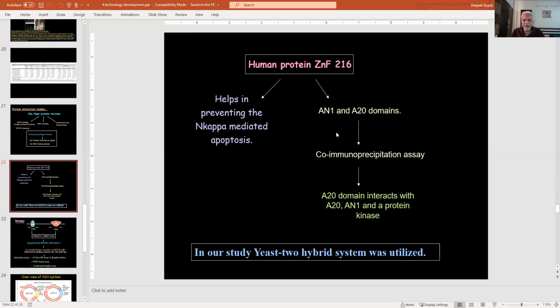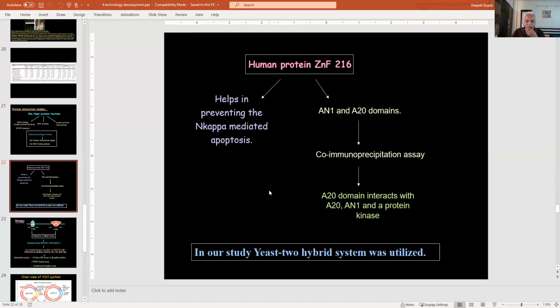In this study, they used co-immunoprecipitation assays, and they concluded that the A20 domain interacts with A20 and AN1, and it also has a protein kinase. In vivo, it is a dimer where A20 interacts with AN1, and it gets folded onto itself. That is the inference given for this human protein ZNF216 based on co-immunoprecipitation assays.